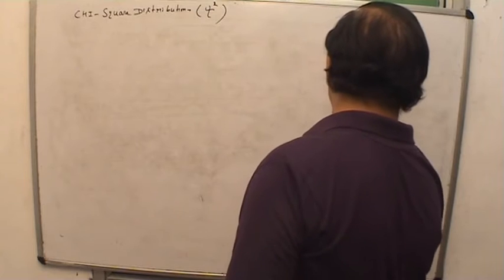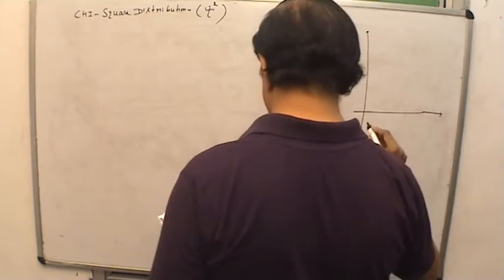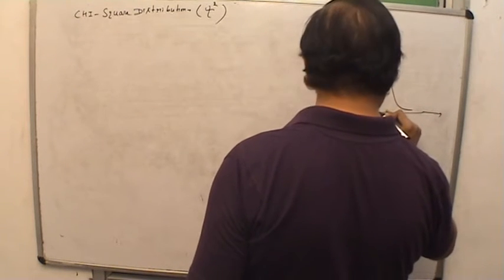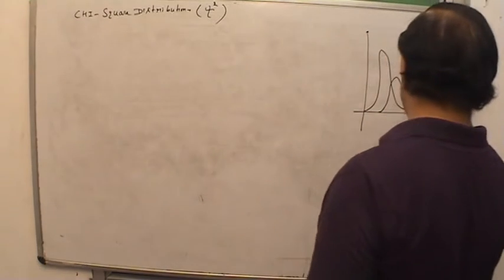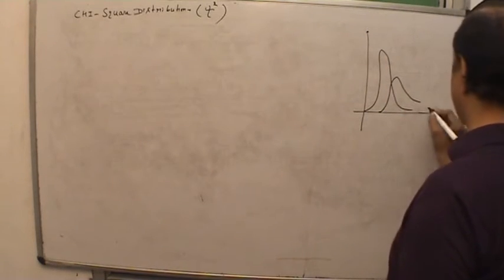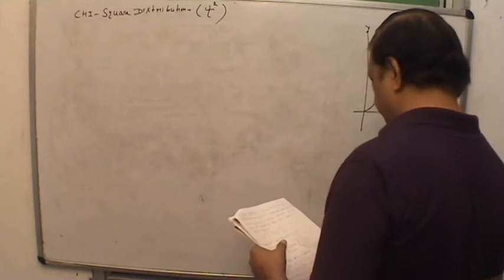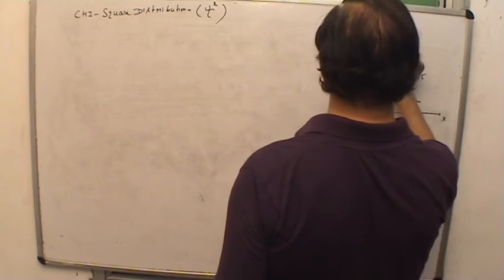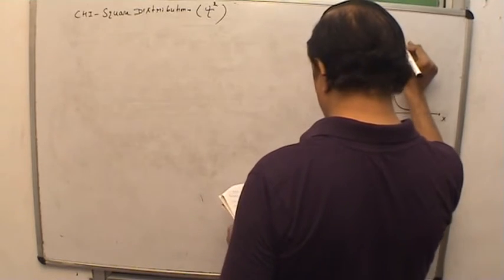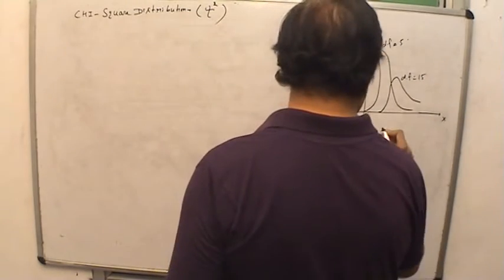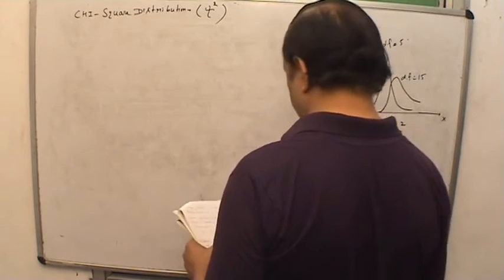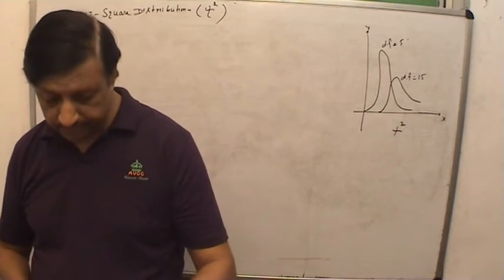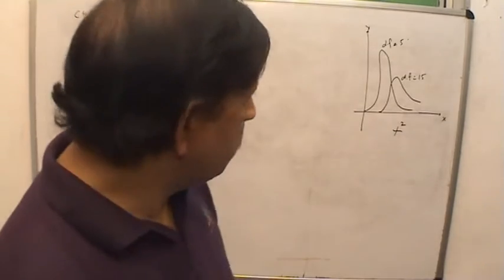In this manner, for the different values of the degree of freedom, here we see degree of freedom equal to 15, and here degree of freedom of the variable equal to 5, and on this side we take the value of chi-square.